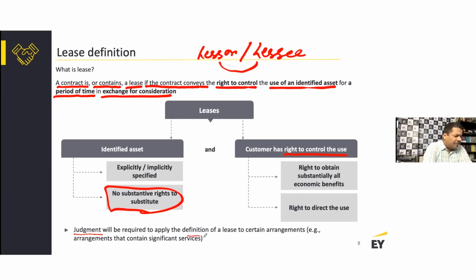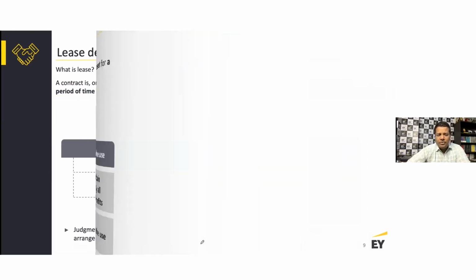From that perspective, leases also include certain arrangements that contain significant services. So we will also look at arrangements which are not called leases, but are in substance a lease arrangement. So what are those arrangements? We will try and talk about that as well.